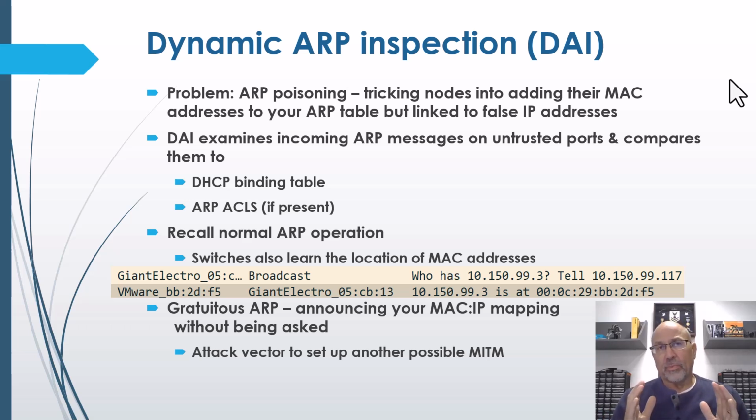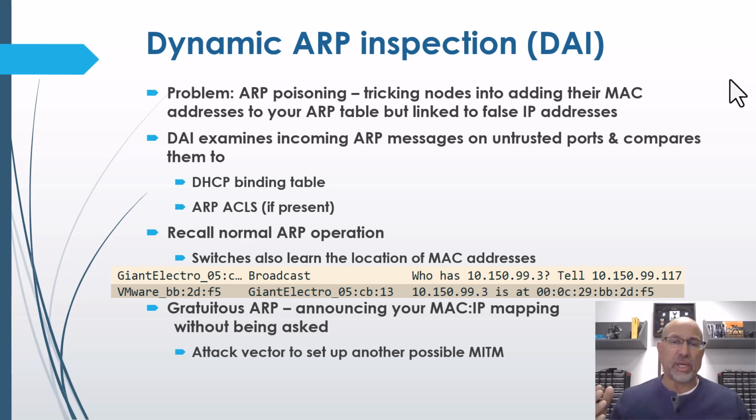Now, what happens if a node changes its IP address or changes its MAC address? Somehow we want to let nodes know that I'm alive and well out there, and so nodes can generate unsolicited messages to tell everybody of their changing address.